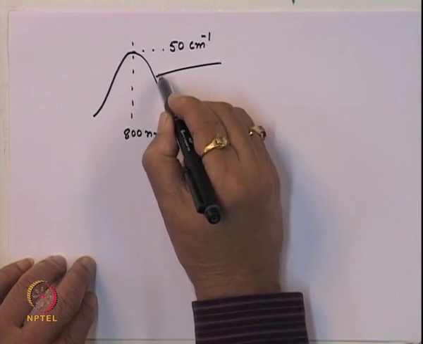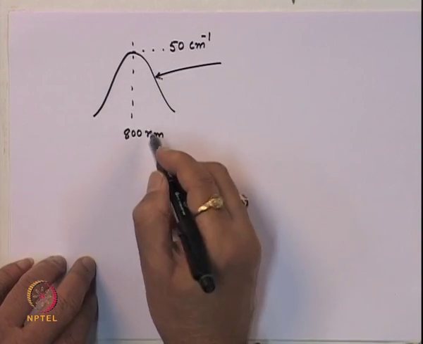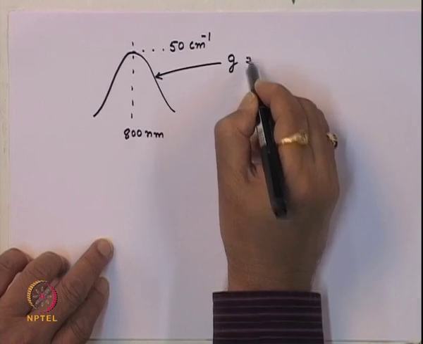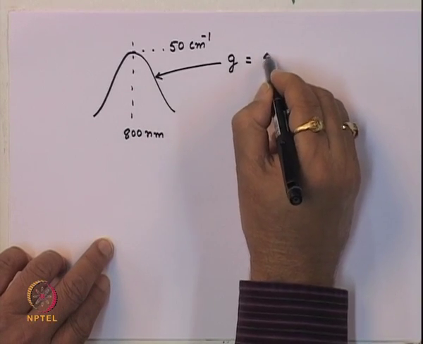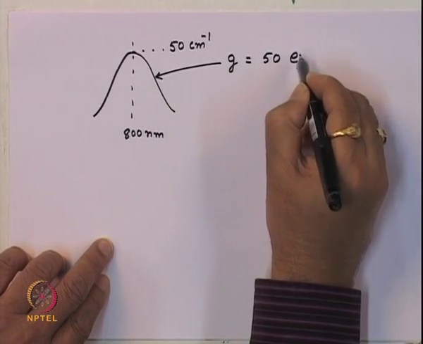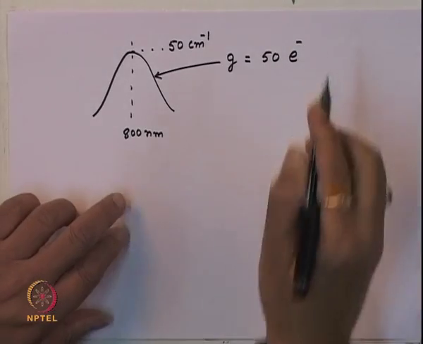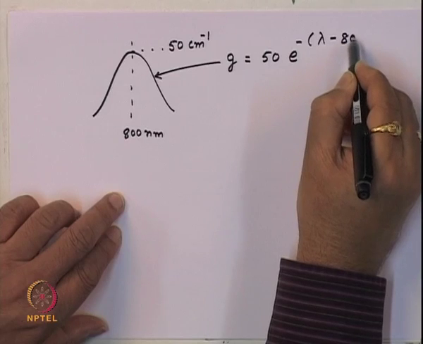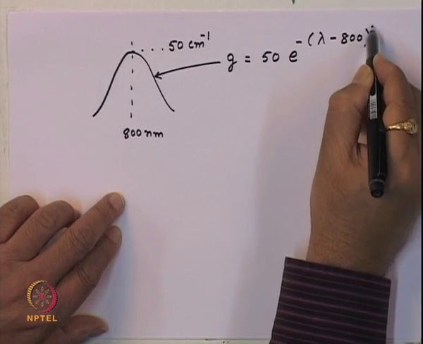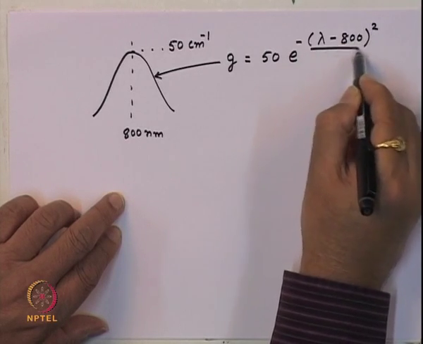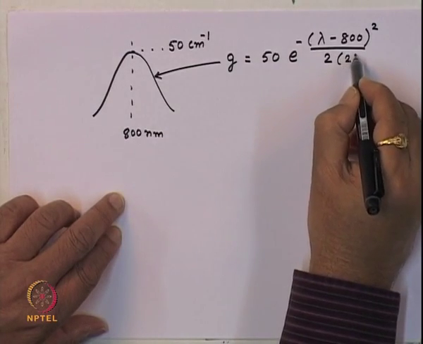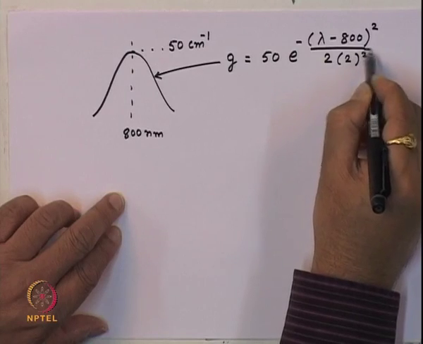So, the Gaussian function, since the sigma is given as 2 nanometer, we can write this gain function G as 50 e to the power minus (lambda minus 800, which is the center wavelength) square divided by 2 sigma square, sigma is given as 2, which is square.